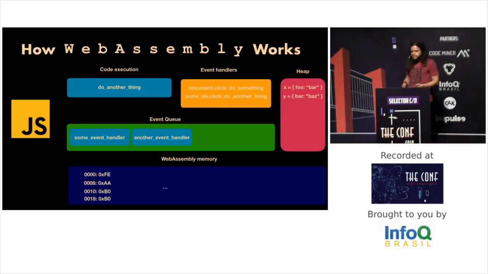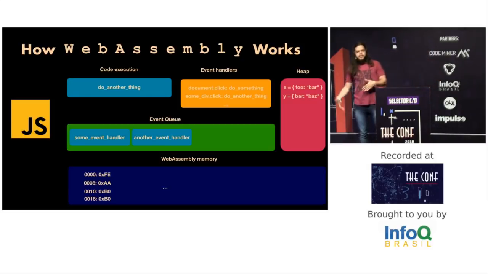And the only mechanism really for communication between JavaScript and WebAssembly is this memory. So WebAssembly can only write and read from this memory, and JavaScript can write and read from it. So it's reasonably bureaucratic to actually get any data from JavaScript to WebAssembly and vice versa, because you need to write that data in the format that WebAssembly expects, and WebAssembly needs to read it.